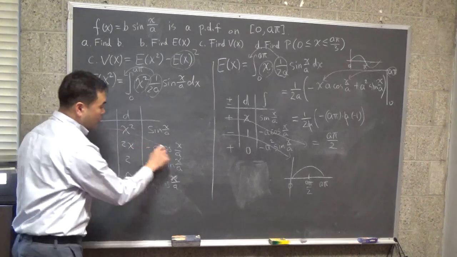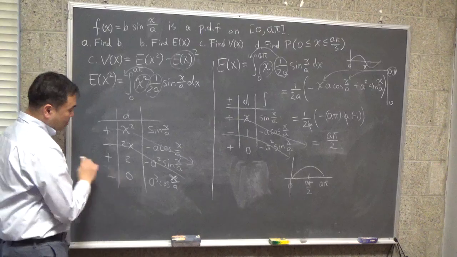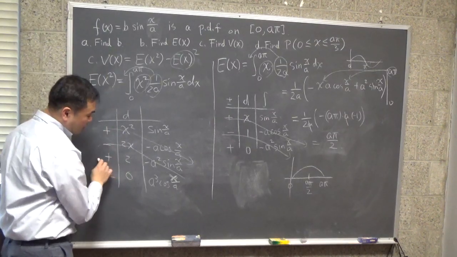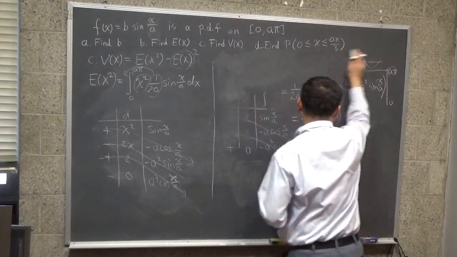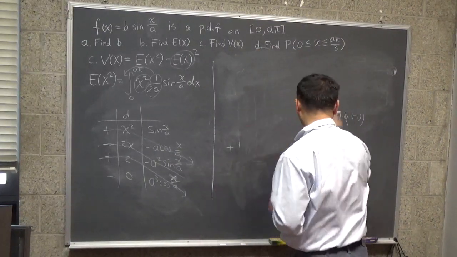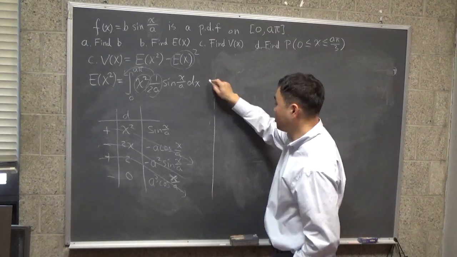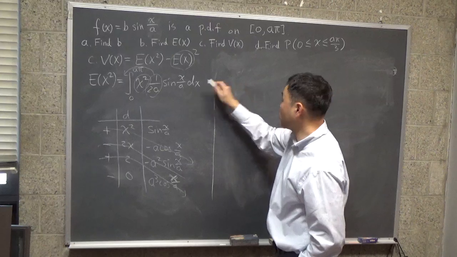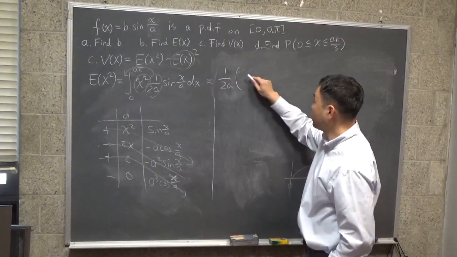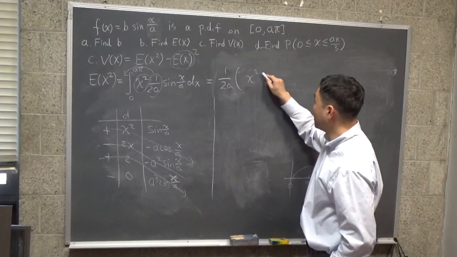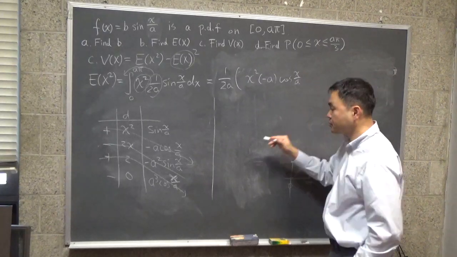Oh, there should be plus minus here. Okay, so you do this and obtain the result of the integration by parts. So this thing now becomes, let's see, 1 over 2a is the thing that I pulled outside first, and then you have x squared times negative a times cosine x over a.